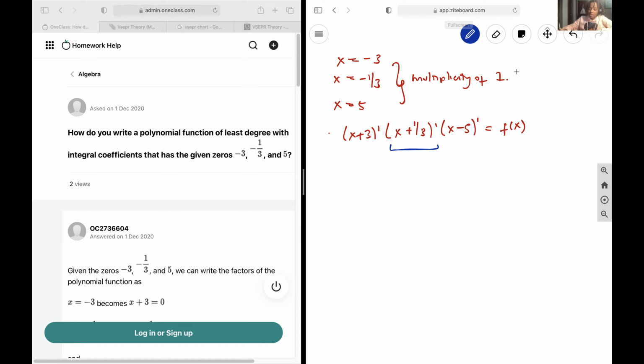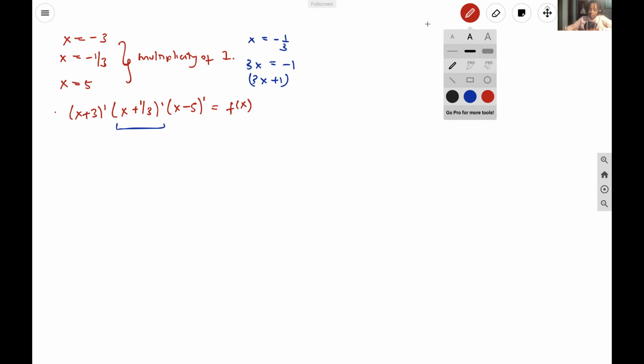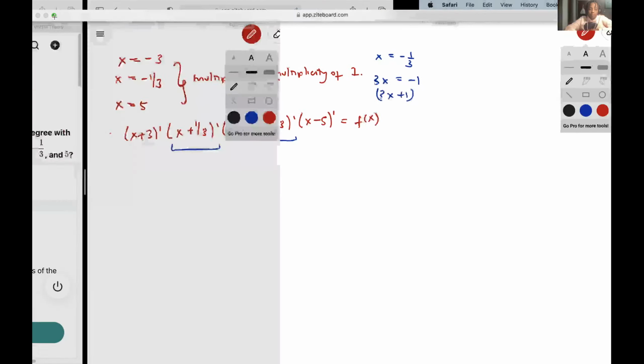So we can solve this by noting the fact that x = -1/3 is the same thing as 3x = -1, which will become 3x + 1. So basically multiply the entire thing by 3. So let's rewrite that.